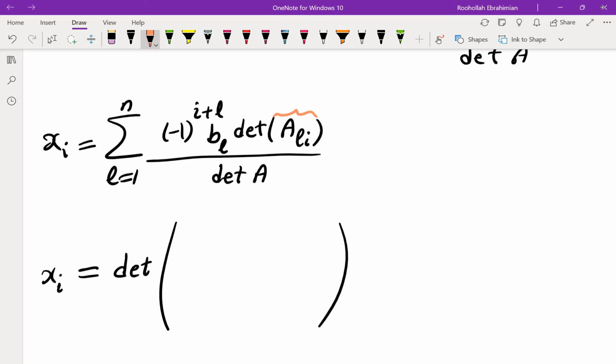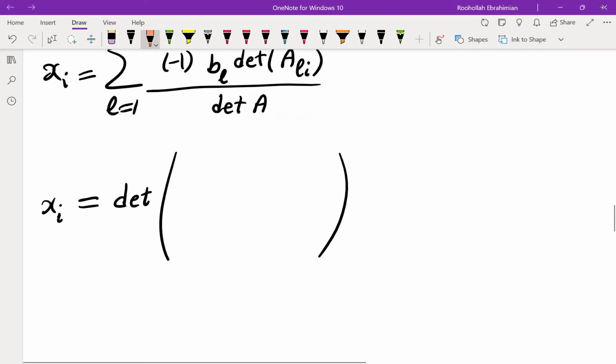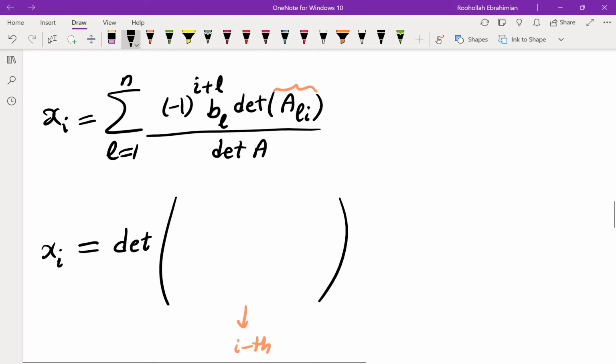So look at this matrix. This matrix is take the ith matrix and remove the ith column and the lth row. i is fixed, so we keep removing the ith column. And we multiply that by bl. So we do b1 all the way to bn here. And the rest of the matrix is going to remain the same.